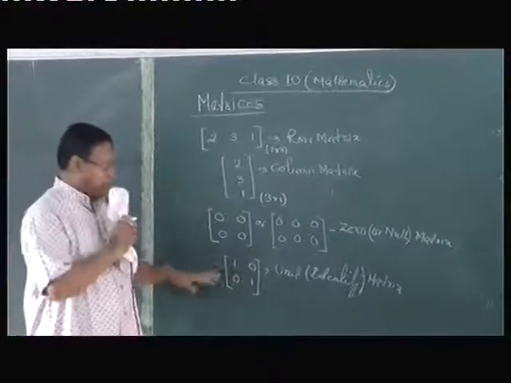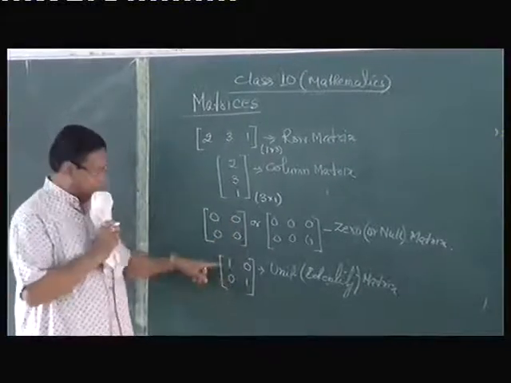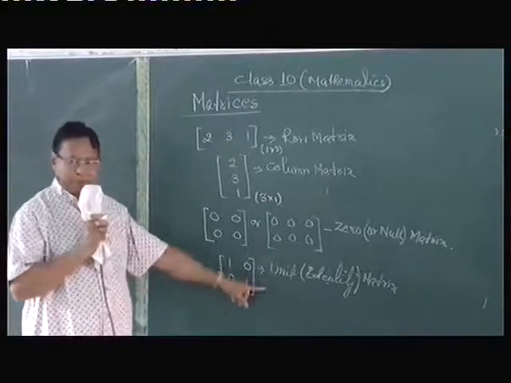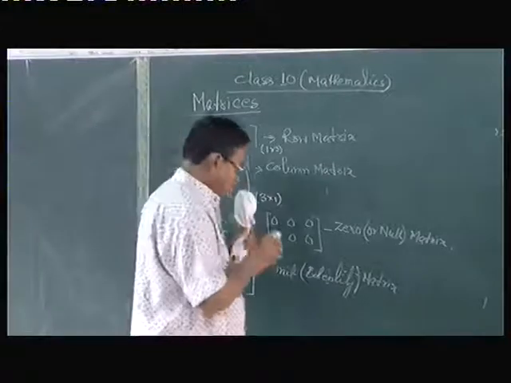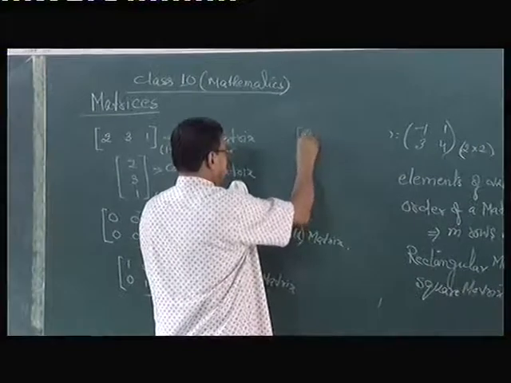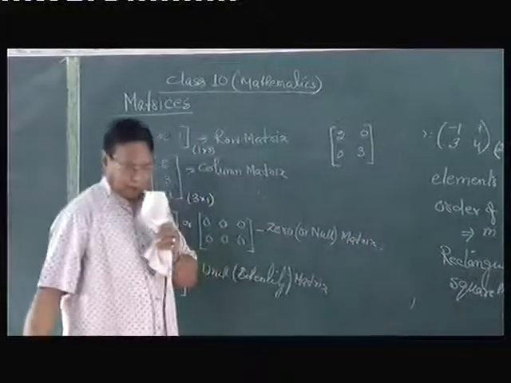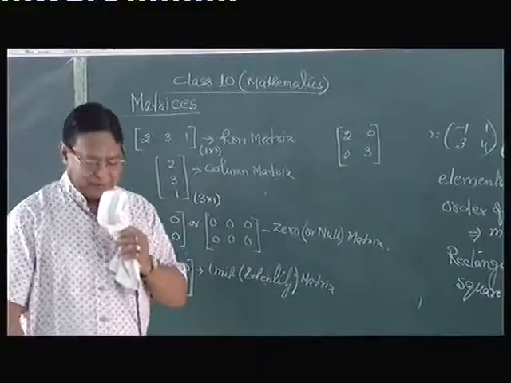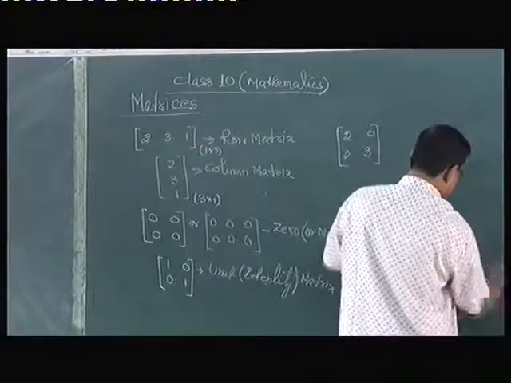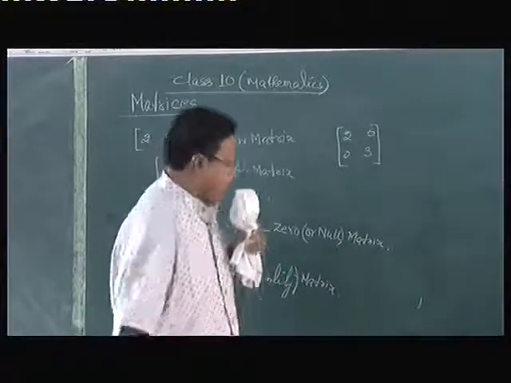Now if a matrix has elements other than 1, the rest are 0. Here I put only 1, 1, the rest are 0. It is a unit matrix. But if I write a matrix as this, with elements only in the diagonal other than 1, it is called a diagonal matrix.